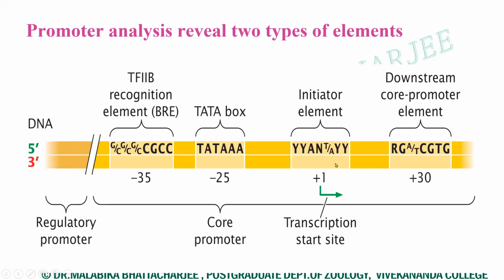In this particular picture, they have included the transcription site and the downstream promoter element as core promoter. But this picture is from a different book, so this information differs a bit from Russell. Since I have given you study material related to Russell genetics, let's concentrate on the information of Russell and explain it with this picture.